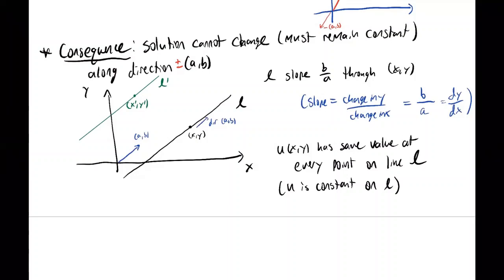Well, u also has to be constant along this other line too, right? So u is also constant along L prime, although the value of the constant may be different, right? So maybe u is equal to some number, say C1 over here on L prime, and then maybe u is equal to some other number, C2 on L, right? So maybe if I change the line, I get a different value, but the point is that if I stay on one of the fixed lines, the value can't change and my function has to be constant.